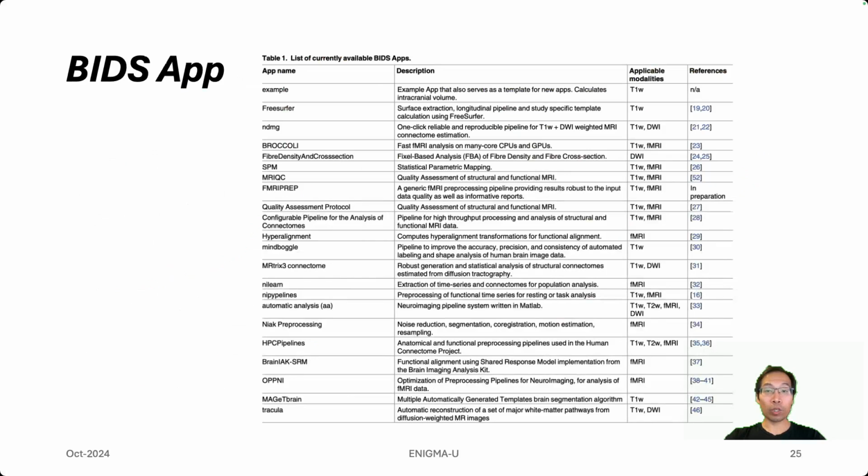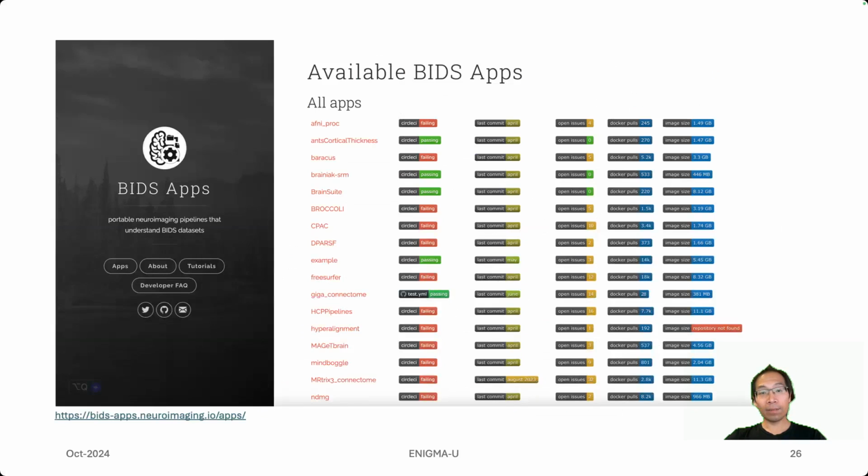We talked before about the software that can directly handle a certain data format. In terms of BIDS, these apps have been developed. Here is a table listing some applications. You can see that well-known software and pipelines such as FreeSurfer, HCP pipelines, fMRIPrep, etc. Here is their website. Just go there for more detailed information.